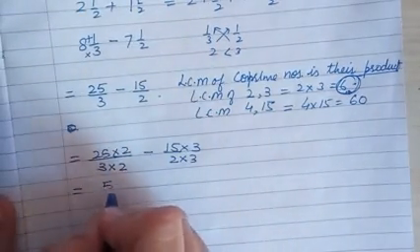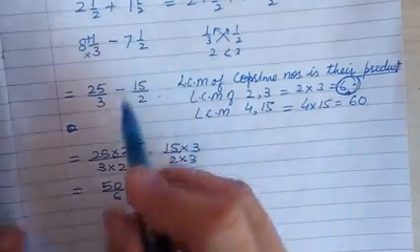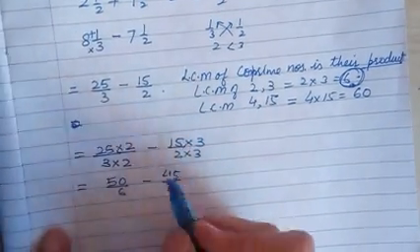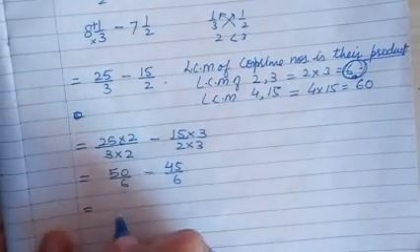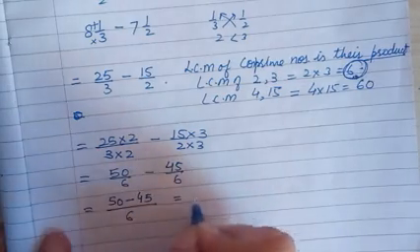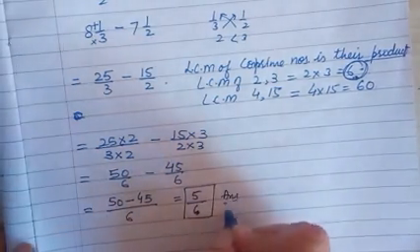So this is 50 upon 6, and this is 45 upon 6. So we are taking the equivalent fractions with the same denominators. Now write the common denominator, subtract the numerators. 5 upon 6, this is a proper fraction and our answer.